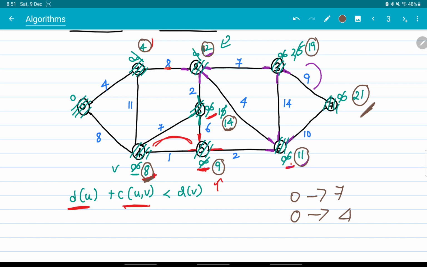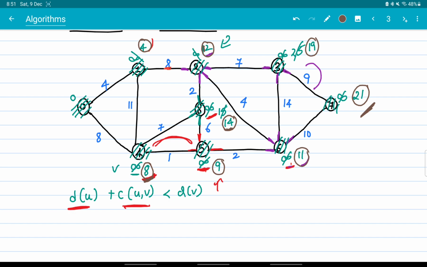If you're trying to visit from vertex 0 to 6, then here 11 is there. 11 becomes your minimum value. So this is how you can find out the minimum value when you're trying to visit from your source vertex. So your source vertex here for this question is 0, and from this source vertex, whichever vertex you go, those circled values will be their minimum total weight value.